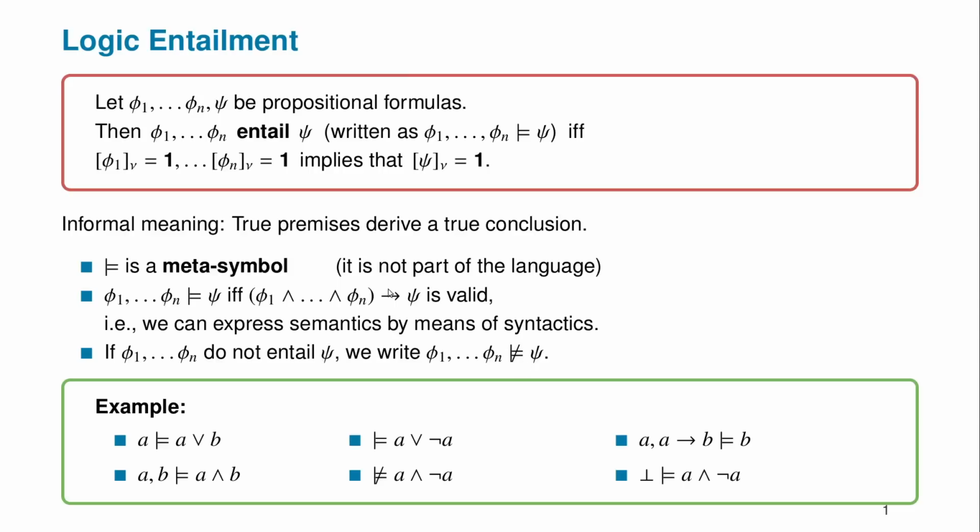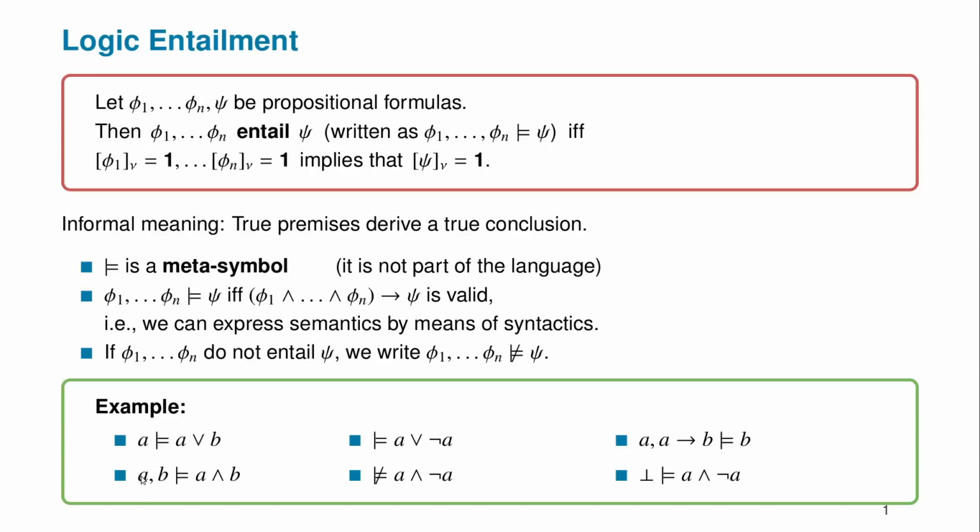And here I have some examples. In the first case, we say A entails A or B. This is obviously the case, because if A is true, then also A or B is true.